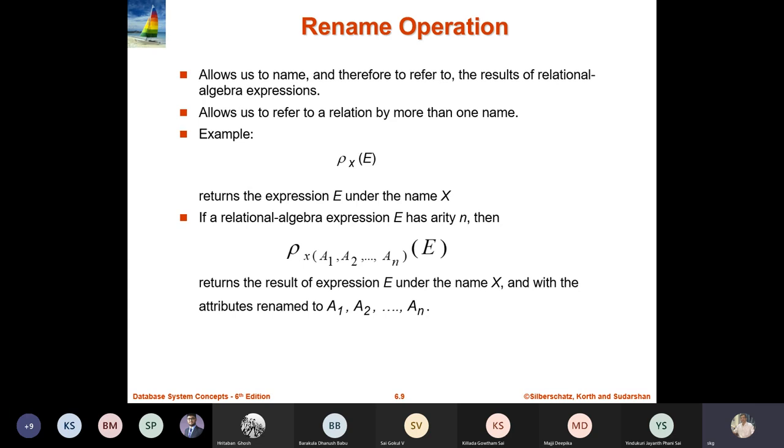In that case, we rename it with the rename operator.